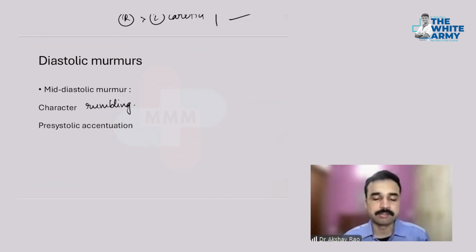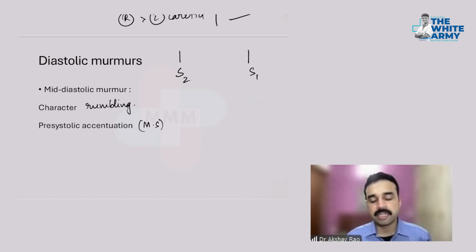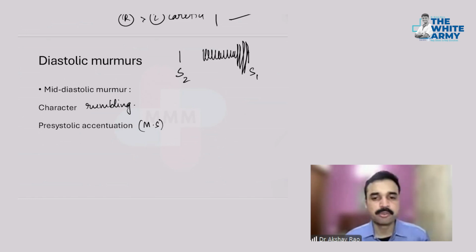It'll be like grrr. It's like a rumble, and it will have a presystolic accentuation, especially if it is due to mitral stenosis. So if I had to draw and describe it, if this is the S2, subsequent S1, if it is mitral stenosis, it will start in the mid diastole and increase in intensity just before S1.